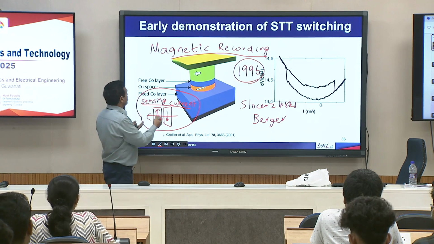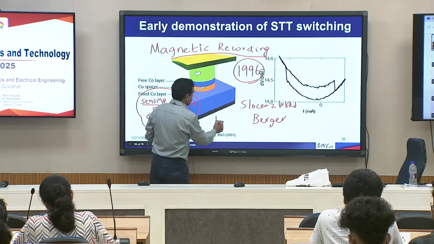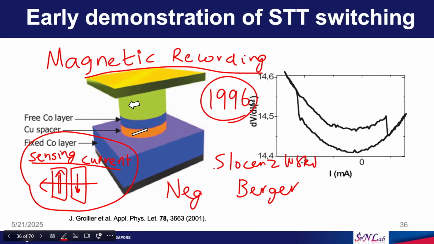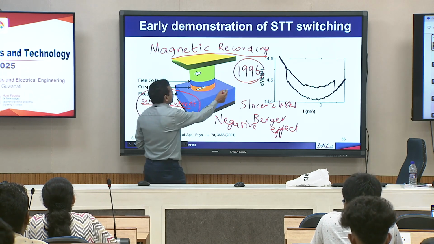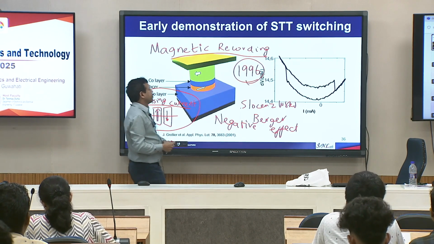So, this was considered a negative, unwanted effect. In the case of read sensors of hard disk drives, this current affecting the magnetization states is the unwanted effect. Okay. So, it was proposed in 1996.